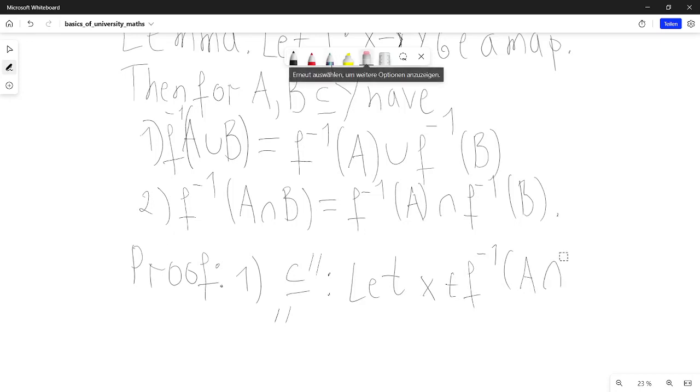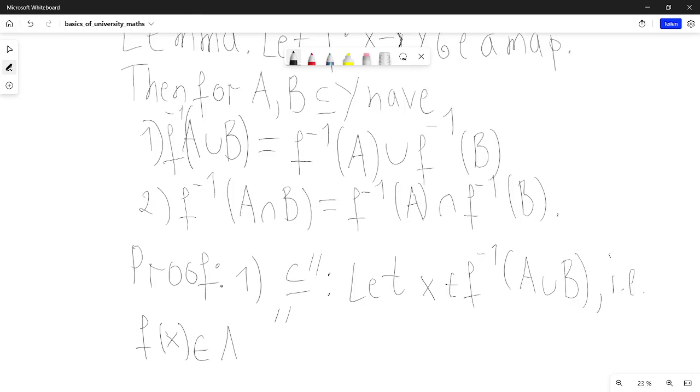Okay, I started to prove another thing. And what does it mean? Well, just by definition of the preimage, that means just that there is an x that lands via f in the intersection of A and B, or rather the union of A and B. All right.